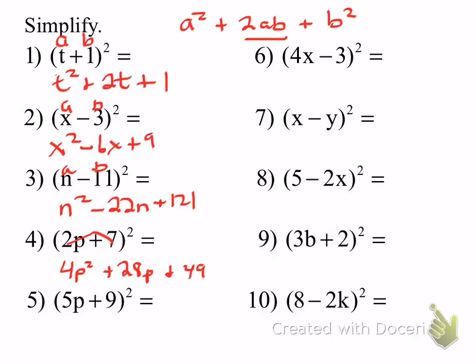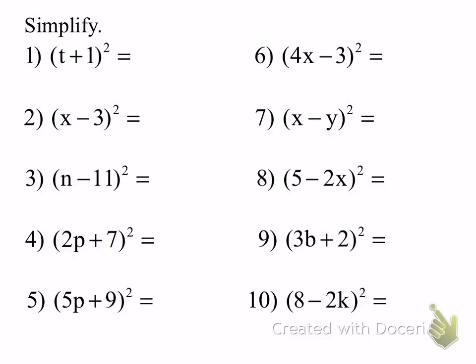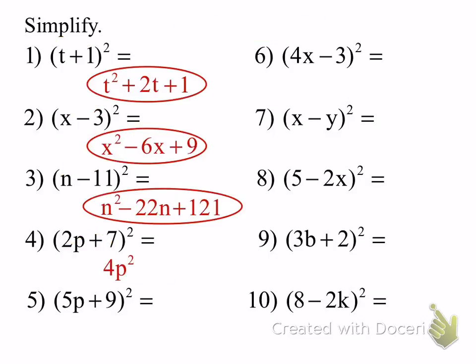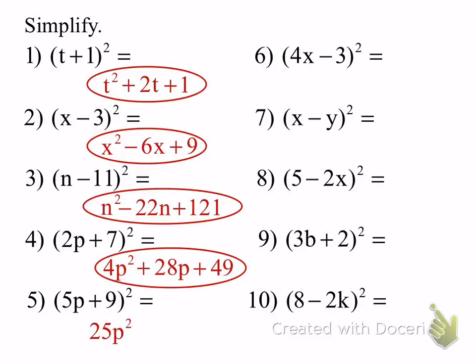All right, let's get rid of this. And what did you get for number 5, please? Somebody I haven't heard from, Billy Fisher. 25p squared plus 90p plus 89. Perfect. Questions?